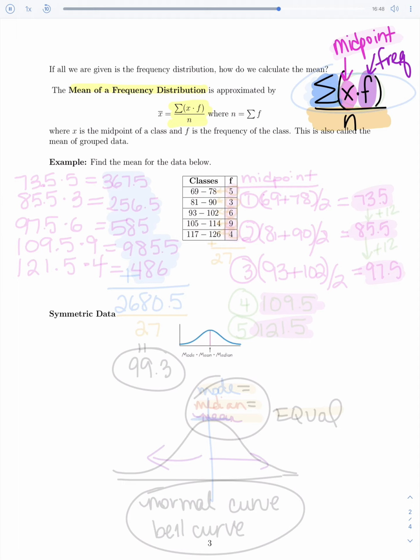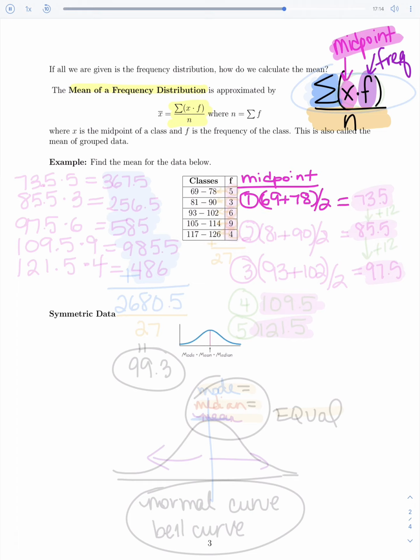So the first thing that we need to do is focus in on finding all the midpoints. So on this first one, they want us to find the mean for the frequency distribution. So I'm going to work on finding the midpoints for all the classes. I'm going to do all these manually just to make sure. So the first class has a midpoint of, let's see, 69 plus 78 divided by 2.